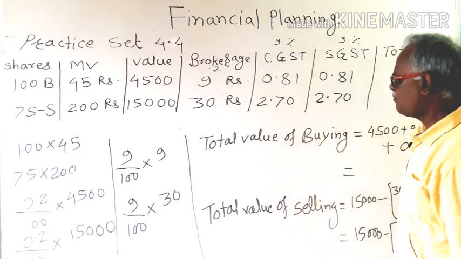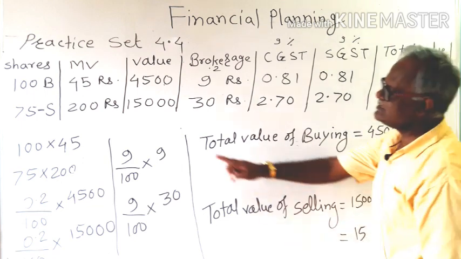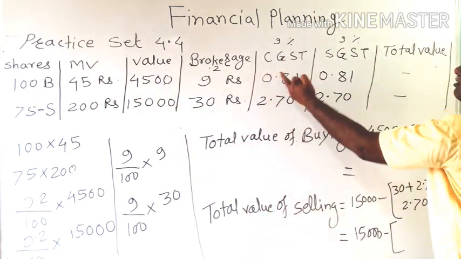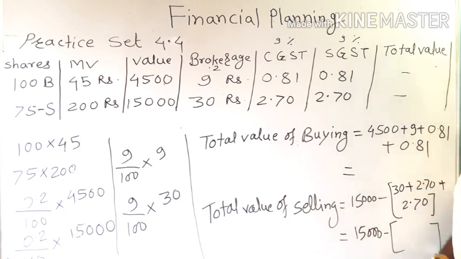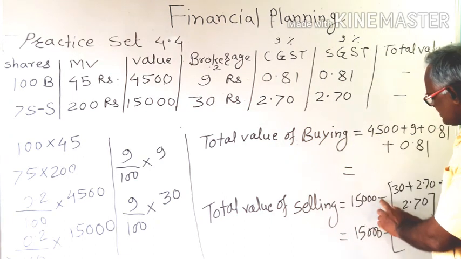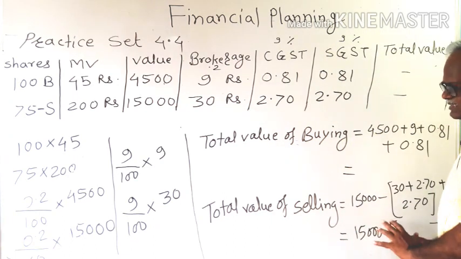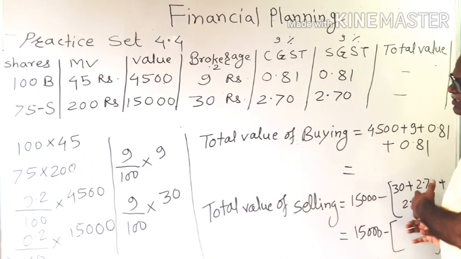Now the total value for the buyer is this value plus all these expenses, and for selling, his total value is 15,000 minus all these expenses, because for selling that will be his loss.